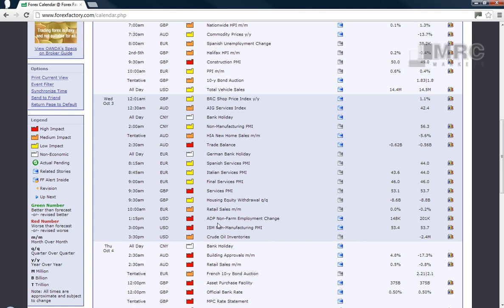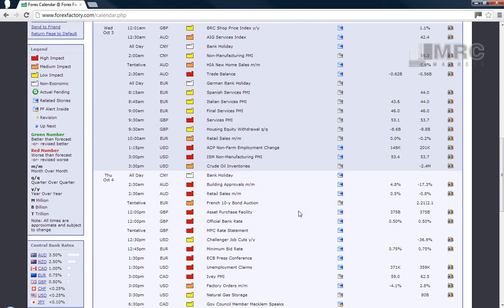And at 1:15, ADP non-farm employment change numbers, forecast at 148,000 from the previous 201,000. So a big drop in those non-farm numbers we're expecting there. And at 3 o'clock, we have the ISM non-manufacturing PMI. Expected 53.4 from the previous 53.7.